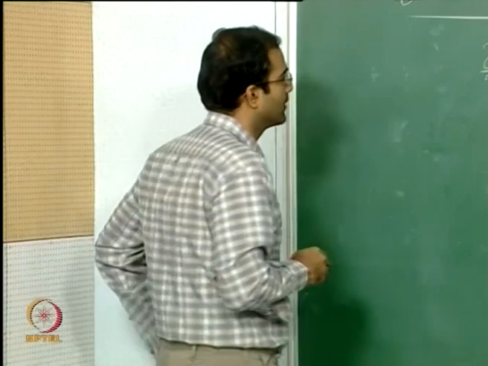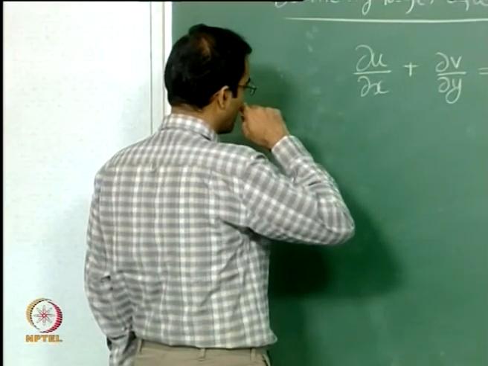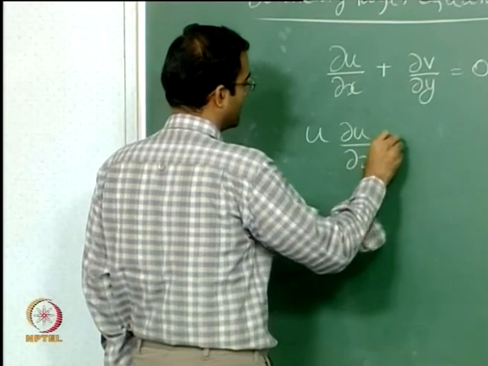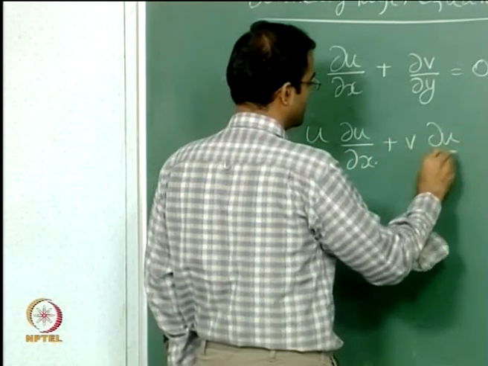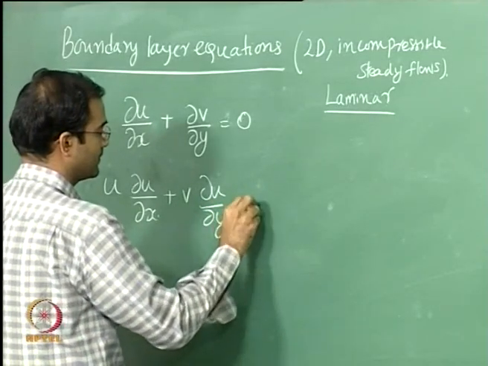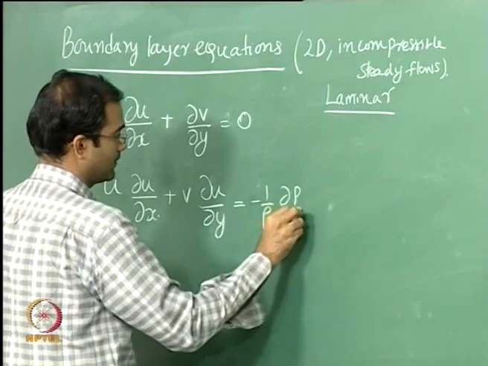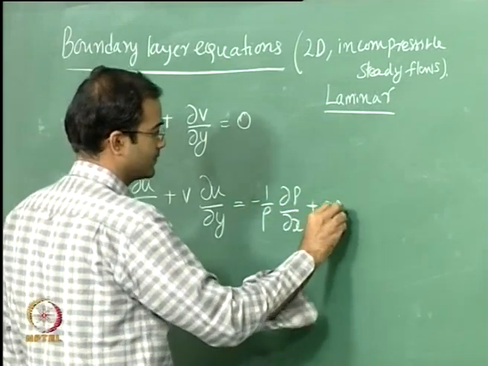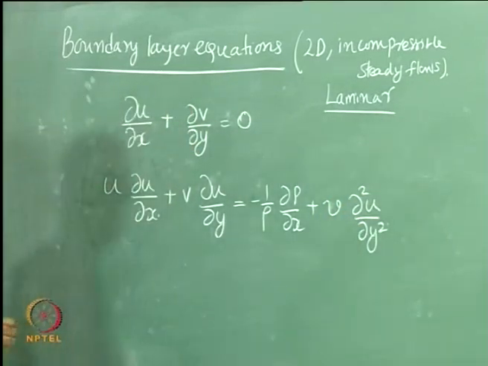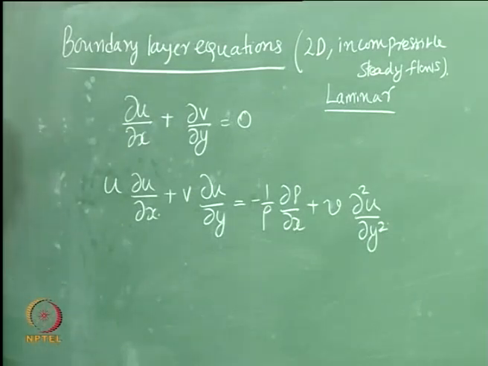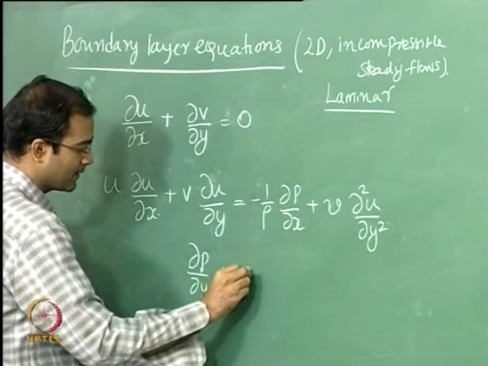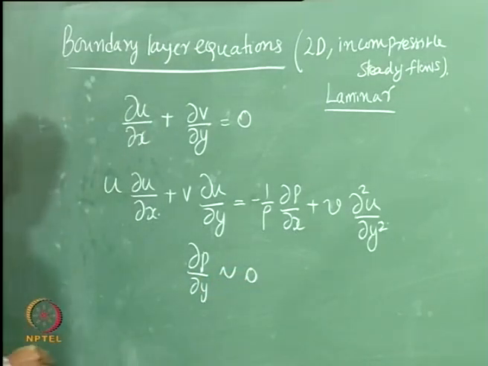So this is the continuity equation. This is your momentum equation, only your x momentum stays, your y momentum tells you that dp by dy is approximately 0, and finally your energy equation.